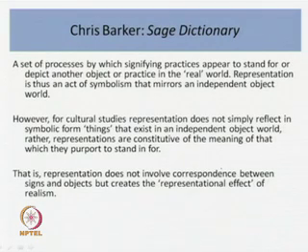There is no direct correspondence, there is no unmediated correspondence, there is no, so to speak, innocent correspondence, okay, between the object that is represented and the representation that stands in, so to speak, for that object. So, Barker says that representation does not involve correspondence between signs and objects, but creates the representational effect of realism.